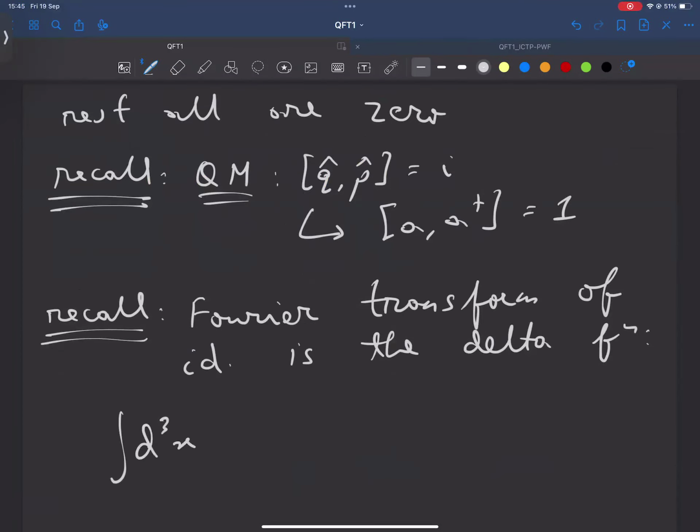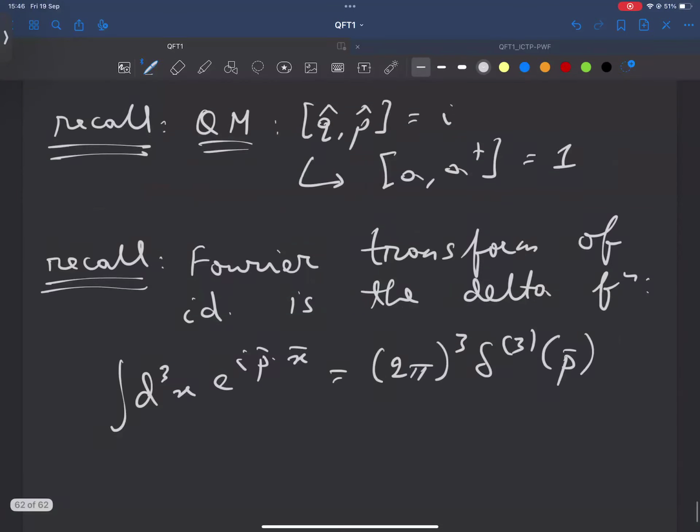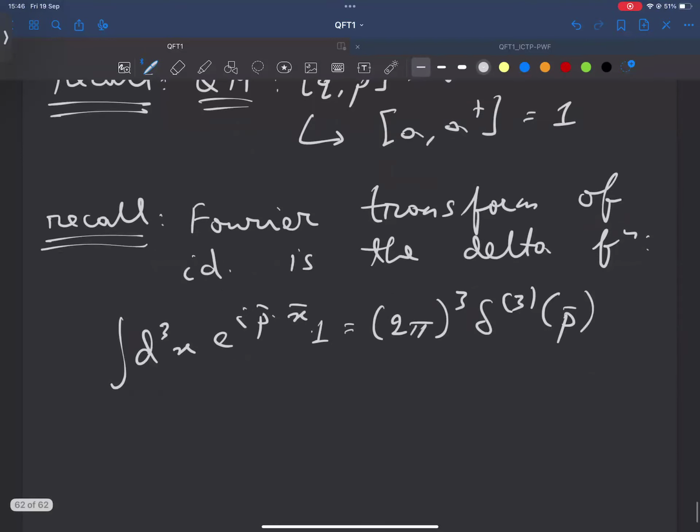It is this identity: ∫d³x e^(ip·x) = (2π)³ δ³(p). So here is the identity function, so imagine it as 1. The Fourier transform of that is just the delta. And it's very easy to see from the definition of the delta function, right?